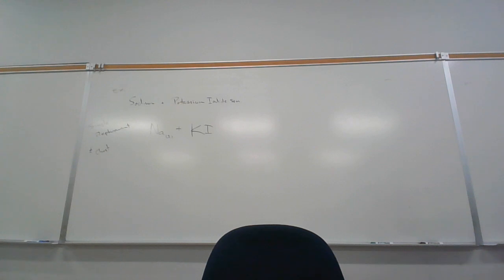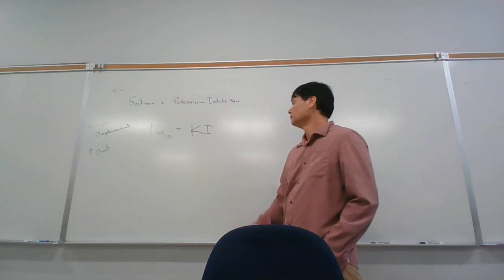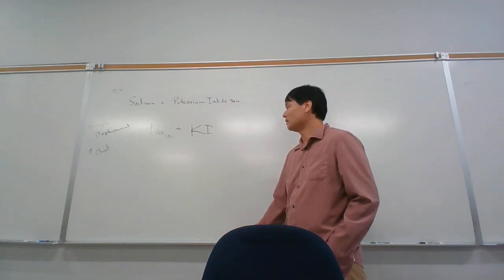Professor, does that mean that we could actually extract that chemical from it and pull it out? Iodine? Yeah, you could get it out. Elemental iodine, it's actually not that hard.